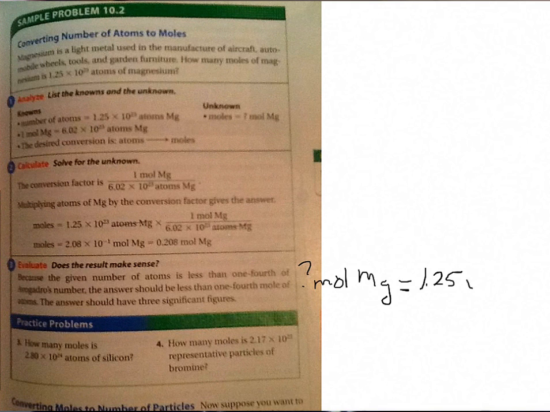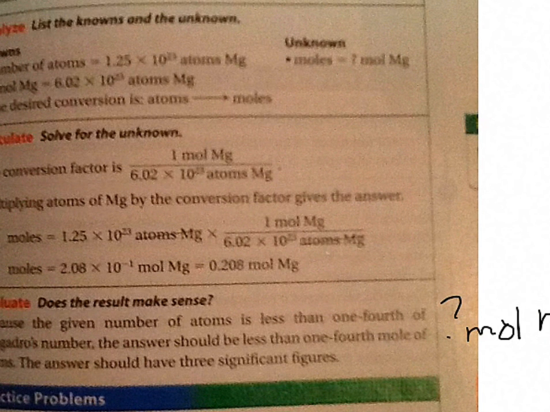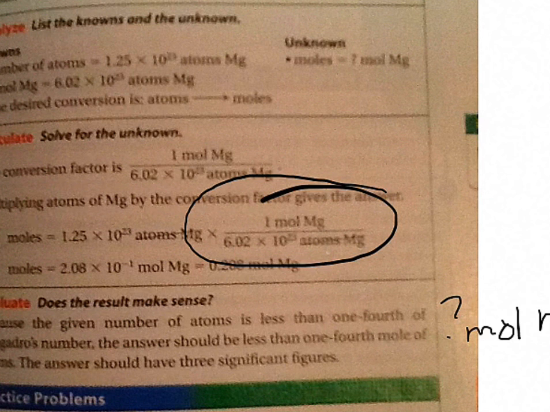Unfortunately, I didn't write small enough to fit this on here, but you can see what I'm going to do next is I'm now going to multiply by 1 mole of magnesium. For 1 mole, there's always 6.02 times 10 to the 23rd atoms. So I just multiply that out, and I come out with my answer of 0.2 moles.